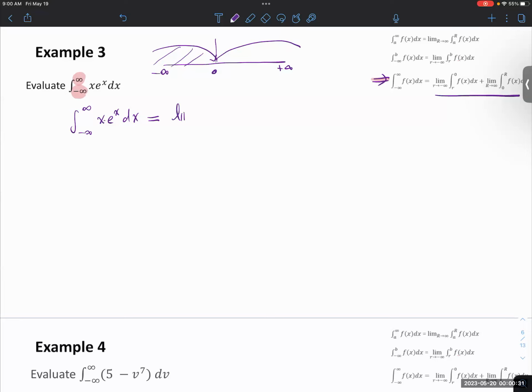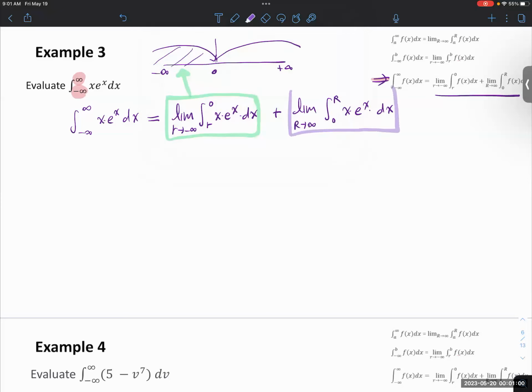So I'm going to write limit as r approaches negative infinity of the integral from r to 0 of x times e to the x dx, which is this area. And second, limit as capital R approaches infinity of the integral from 0 to R of x e to the x dx, this is the second area. We are adding those two so that you can find the area from negative infinity to positive infinity, correct?